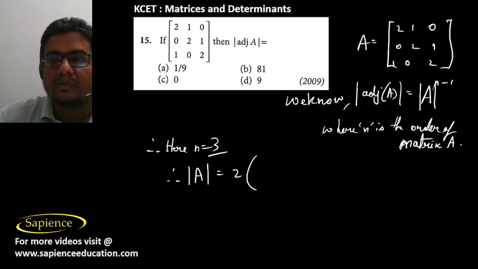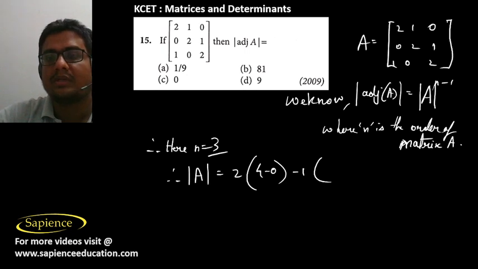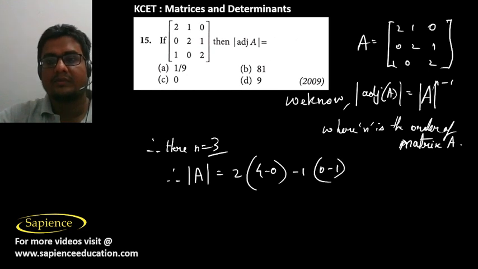It will be 2 into (2 into 2 minus 0), then minus 1 into (0 minus 1), then plus 0 into (0 minus 2).